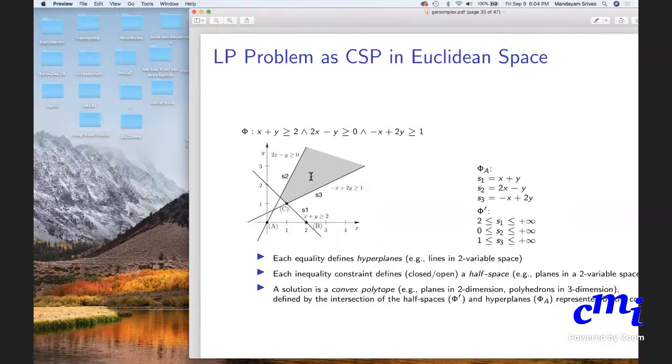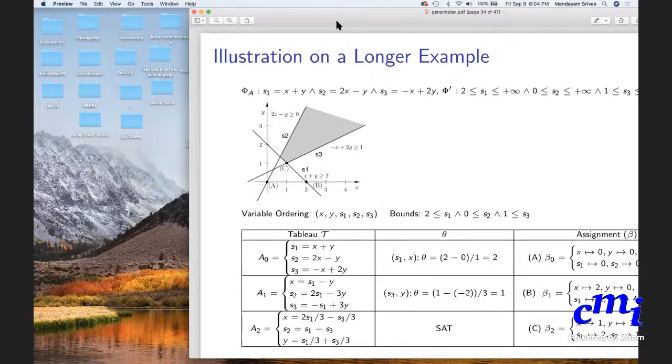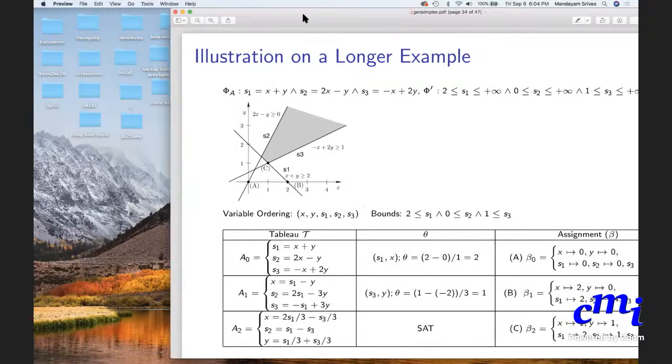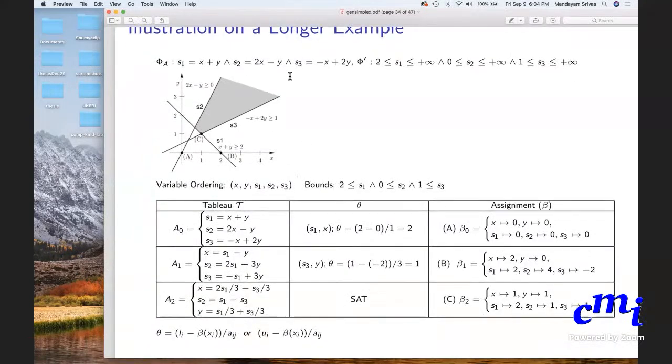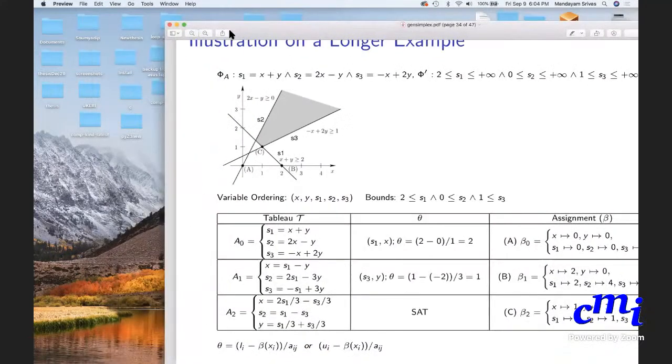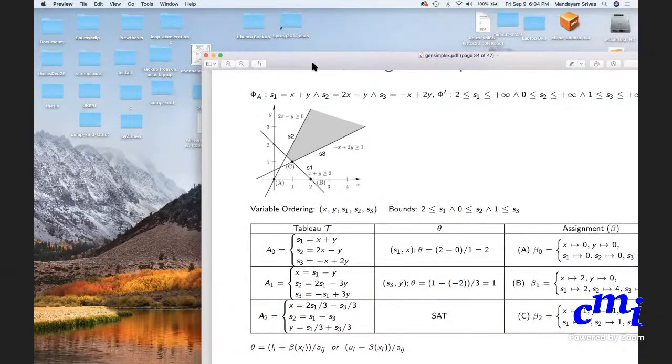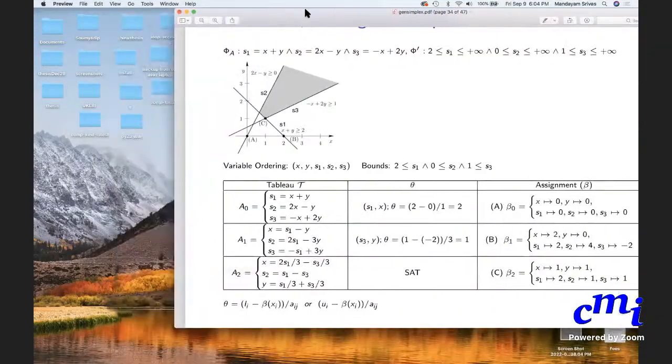Actually, anything in this area is a solution. Okay, so let's see how this simplex procedure does that. For this example, unfortunately I can't see the whole space, so I'll reduce it a little bit so that I can see.